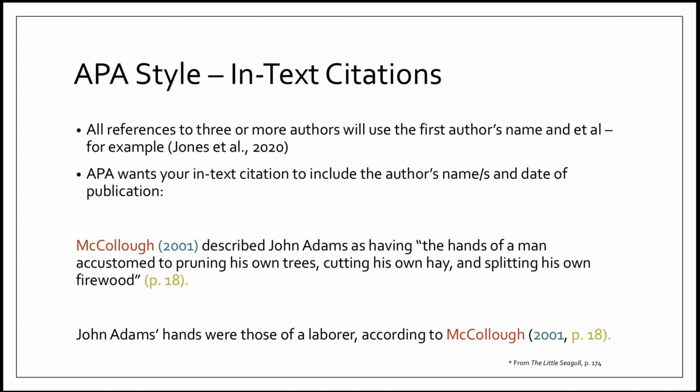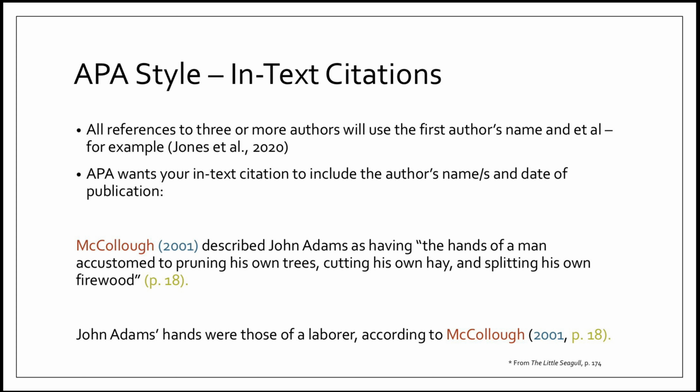It goes right after the author's name, whether you're giving a direct quote or paraphrasing. The other difference is that you include the year of publication. Let's look at a couple of examples.